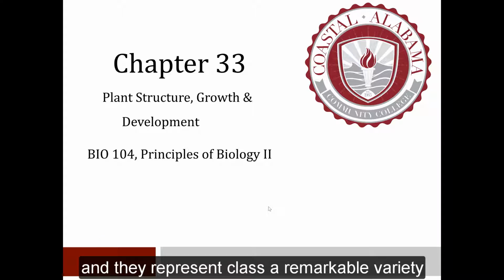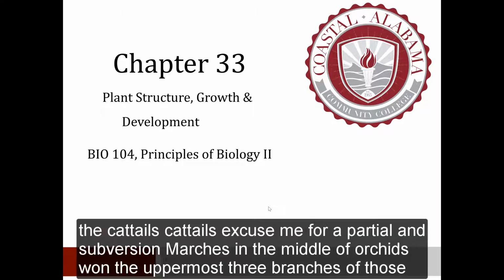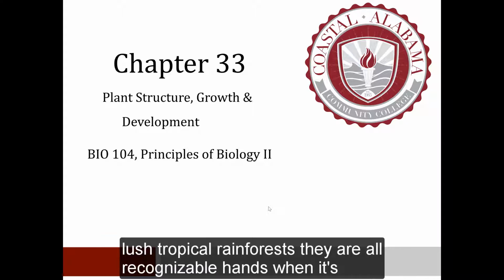And they represent, class, a remarkable variety. From desert cacti with those enormously swollen stems, to the cattails partially submerged in marshes, and even to those orchids growing in the uppermost tree branches of those lush tropical rainforests, they are all recognizable as plants.